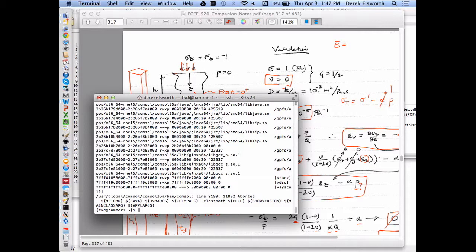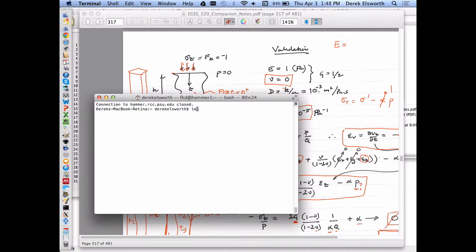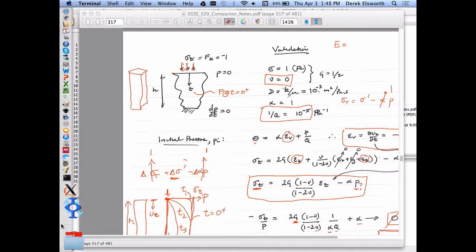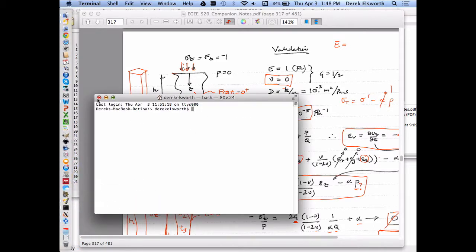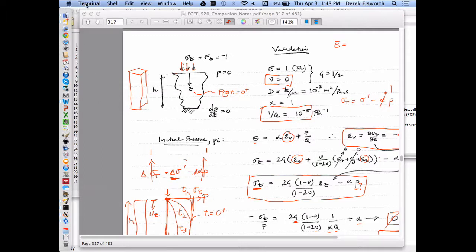Is anyone watching which port it logs on to? Does it log on to the same port each time? Let me do this. That may not do it.